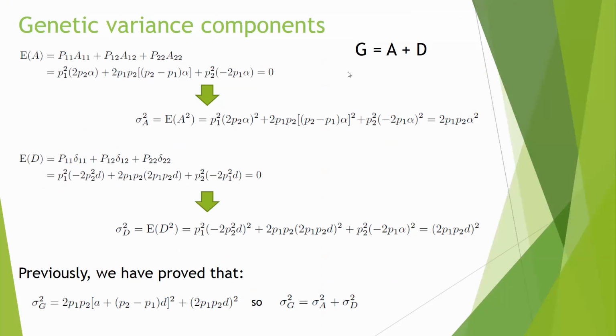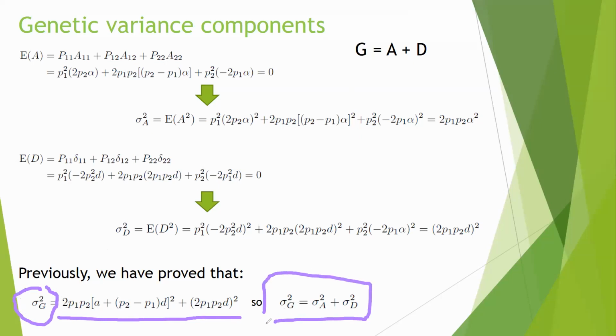Okay, so this slide shows the components of the genetic variation. In the breeding program, we are very interested in this term, which is called the variance of the genotypic value in the population, right? In the previous slides, we learned how to calculate this, and this is the result.